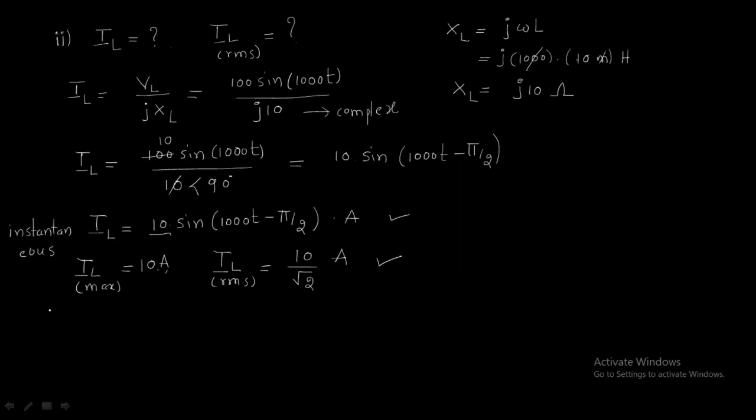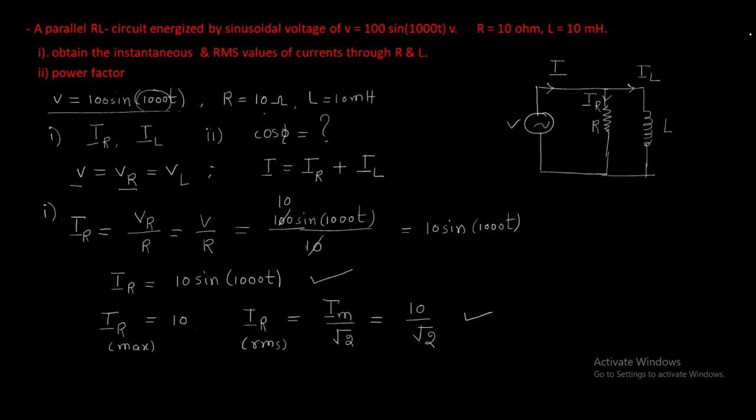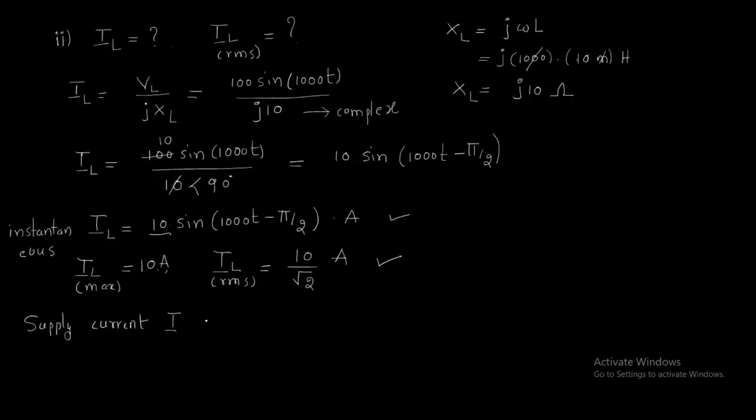From this we can find the supply current, name it as I. What is the supply current here? The supply current is the vector combination of IR plus IL. So we can write it as the square root of IR square plus IL square.